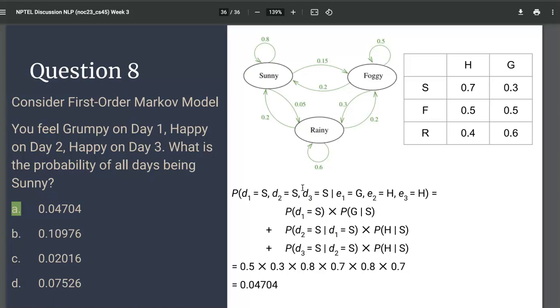Most of the time they will ask only for the first order Markov model. You don't need to calculate bigger, second order probabilities. It's just the first order thing, so you just need to look back at the previous day or the last step.